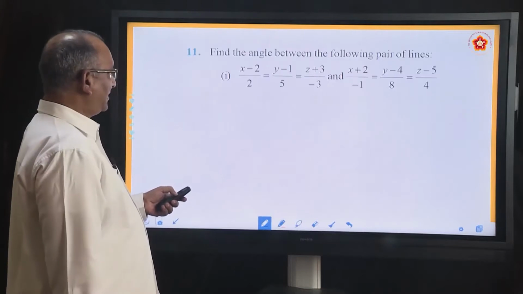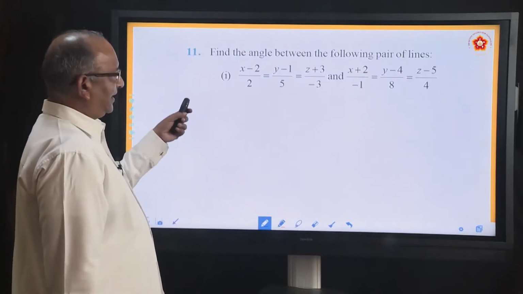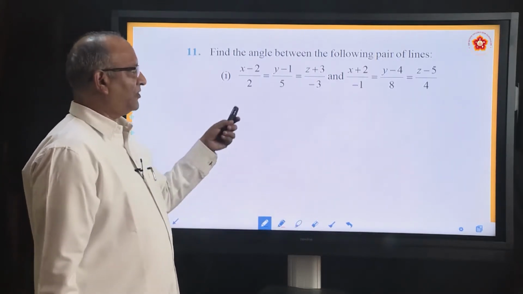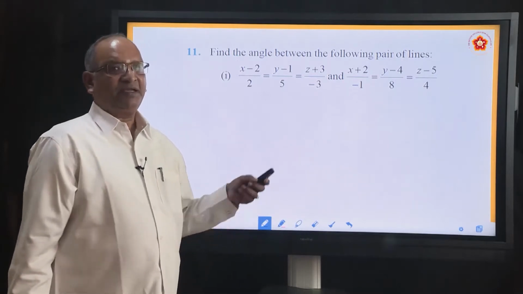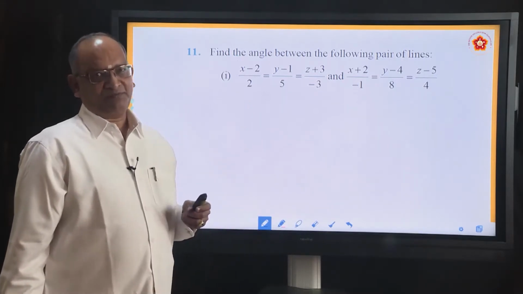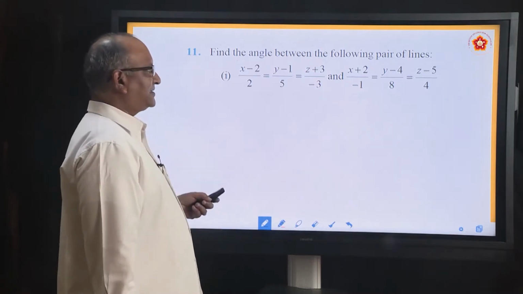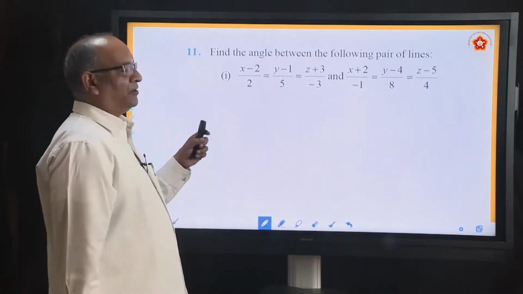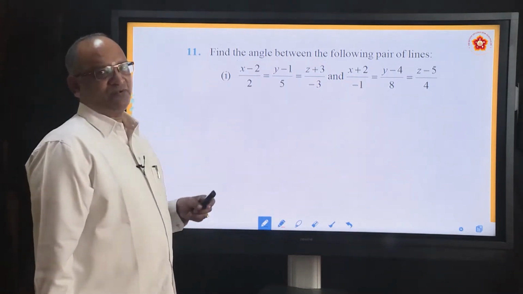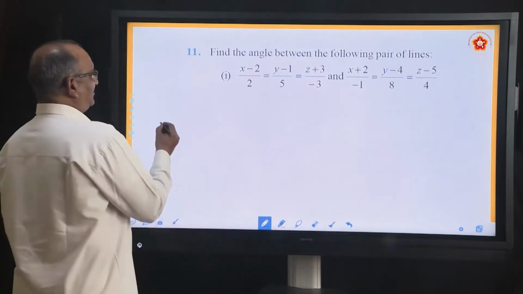From here we move on to the next set of questions. Again, he says find the angle between the following lines. What is the difference? Here he has given it in Cartesian form. So since he has given Cartesian form, use the formula of Cartesian form. What is the formula for Cartesian form?